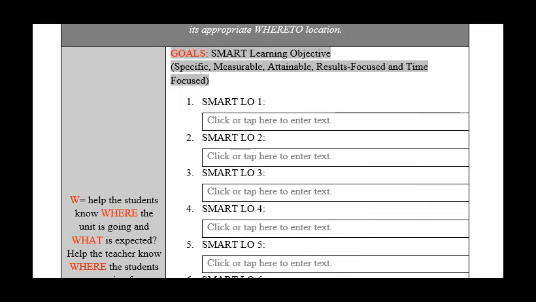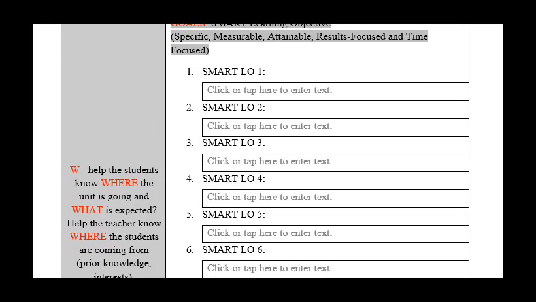The SMART learning objectives will fulfill the where and what of the lesson plan. Where is the unit going? What is expected? And it will help the teacher know where the students are also coming from based on their prior knowledge, interest, hobbies, and so on.